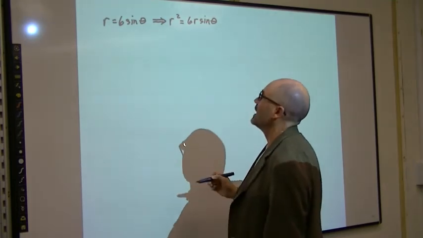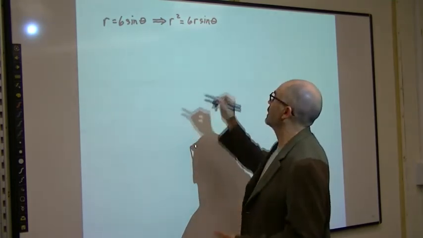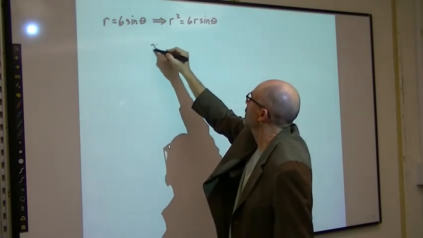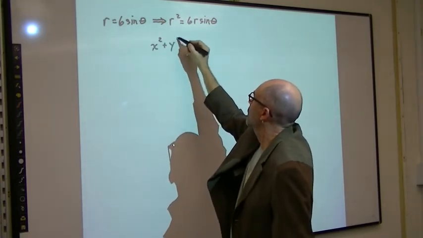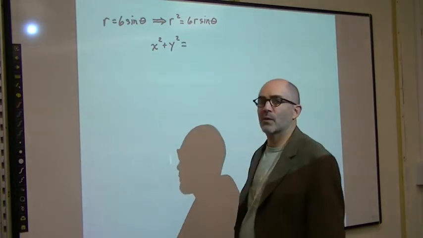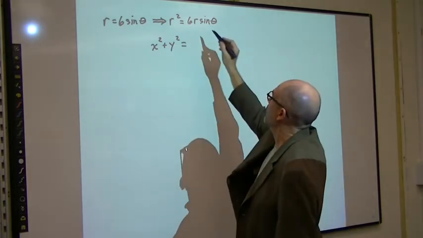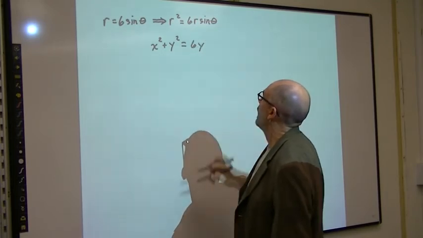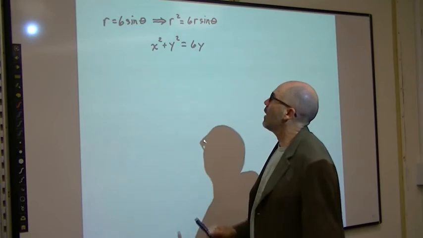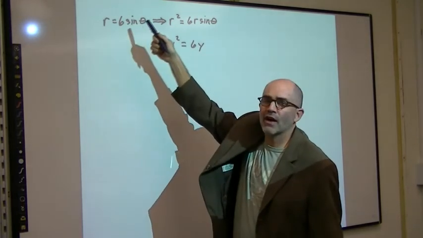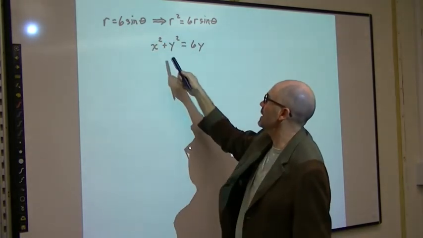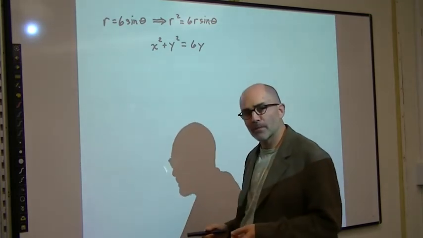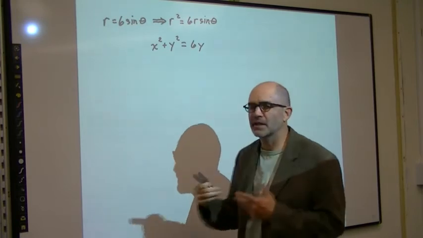So now when I change that to rectangular, I know r squared is x squared plus y squared. Remember that little thing called the Pythagorean theorem. And then we have r sine theta is y, so 6y. Now I've taken an equation with r and theta in it, and I've changed it into an equation with x and y in it. And that's it. Game over. Okay, now let's go the other direction.